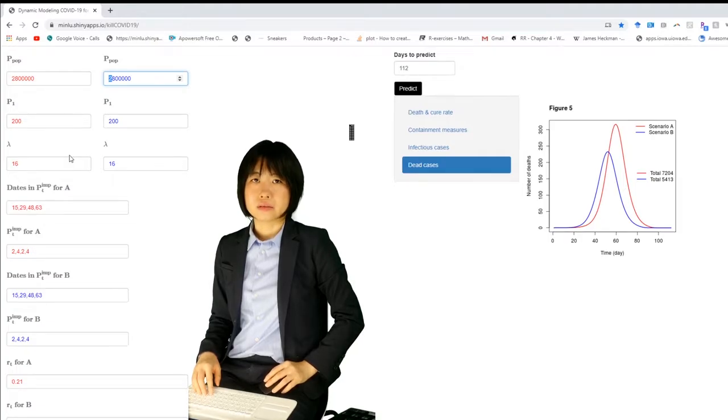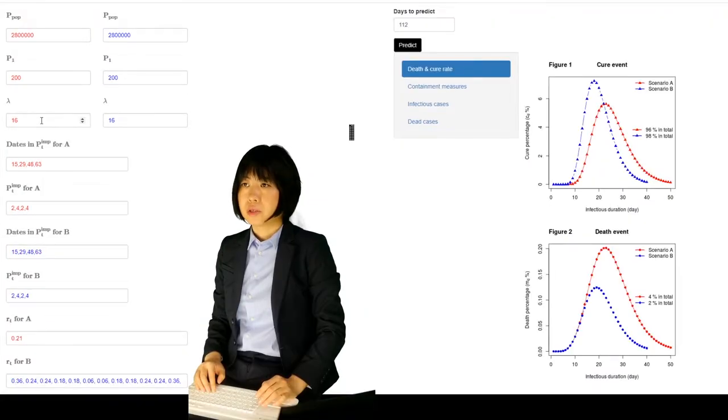So basically on day 1, we have 200 infectious cases. The next parameter is the average infection duration for the initial cases and reported cases. Here, basically, the input assumes the initial cases and reported cases have been infected for 16 days on average.